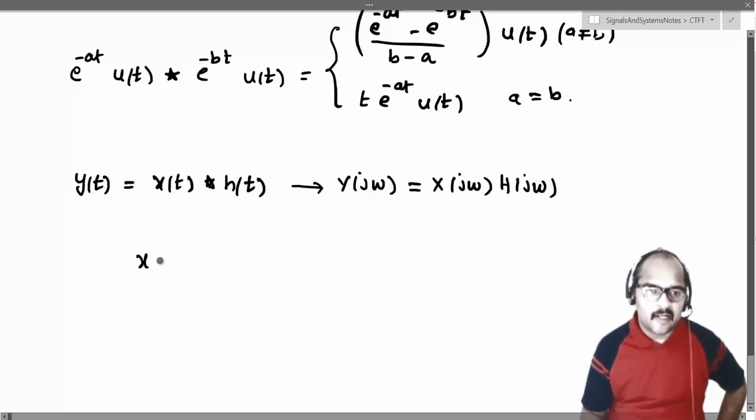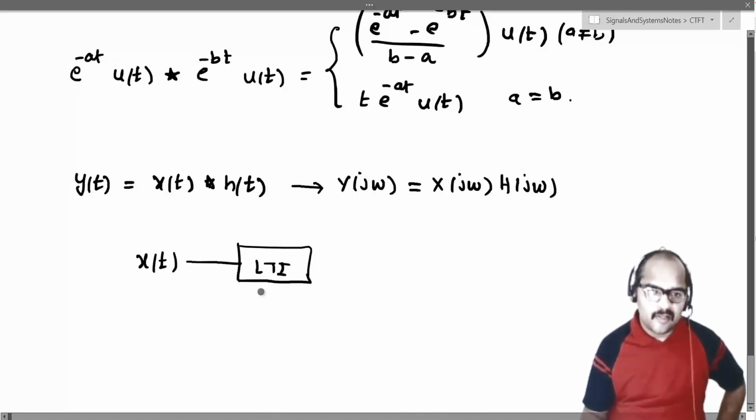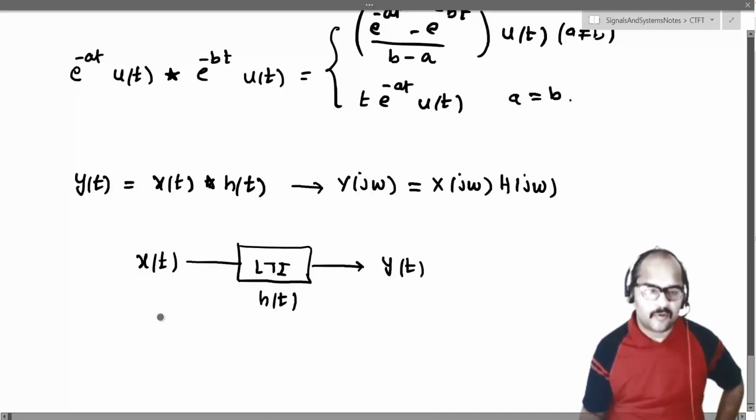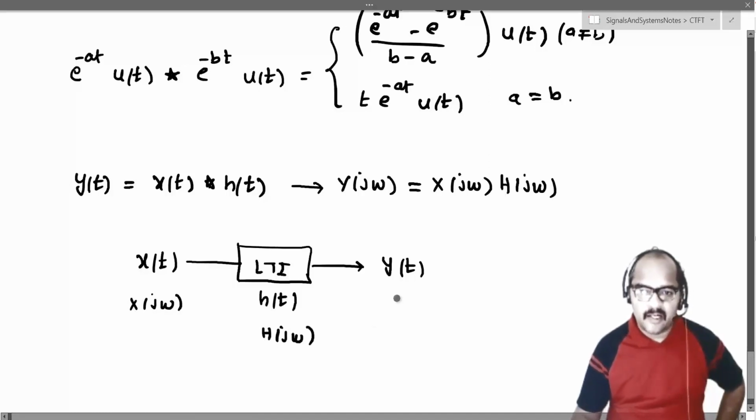Let us write down this result in block diagram notation. x of t is passed through an LTI system with impulse response h of t, and this gives y of t as the output. And what happens to the corresponding Fourier transforms here? x of t has x of j omega as Fourier transform, h of t has h of j omega, and y of t has y of j omega.